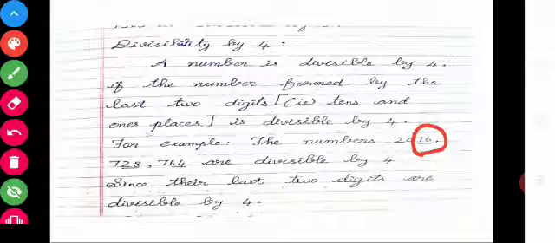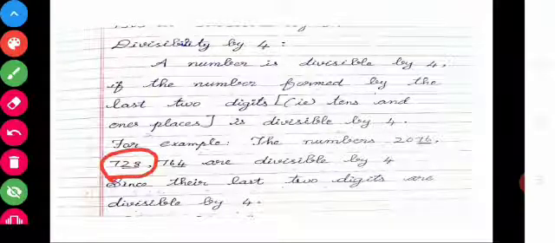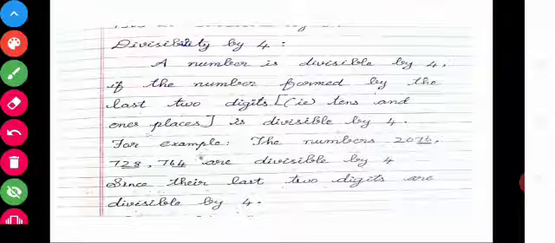How many 4s are 76? 19 4s are 76. And the next number 728. This 28, it is divisible by 4. 7 4s are 28. And then look at the next one, 64. 16 4s are 64. So these are divisible by 4. Since the last two digits are divisible by 4.